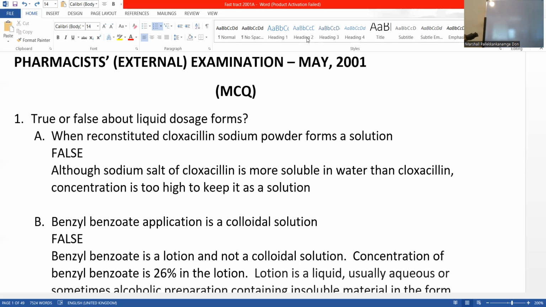That is true. But large quantities in a limited volume of liquid. So that means there is not sufficient water to dissolve the whole thing. So it is a suspension, not a solution.